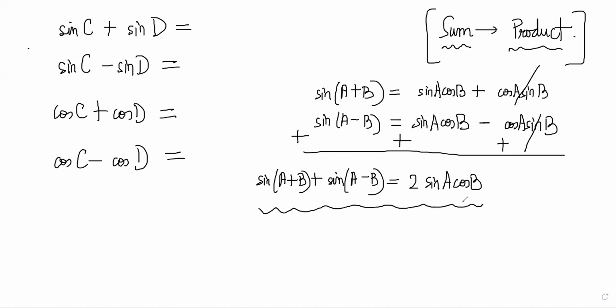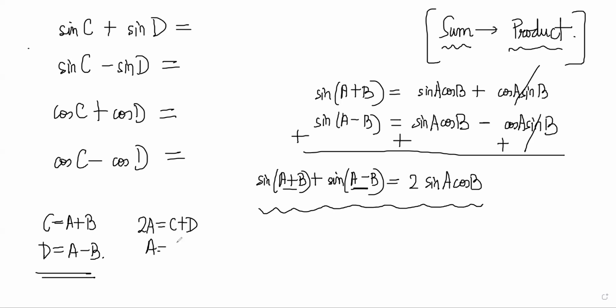So we are getting this result. Now think about it. If I call A plus B as C and A minus B as D, you can see that 2A is C plus D. So A is basically (C plus D) by 2 and B is (C minus D) by 2.